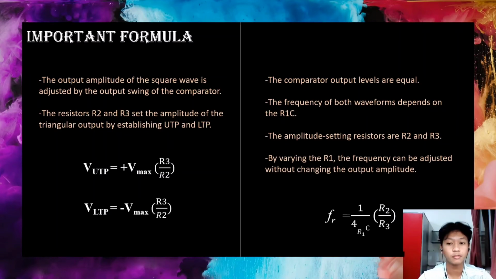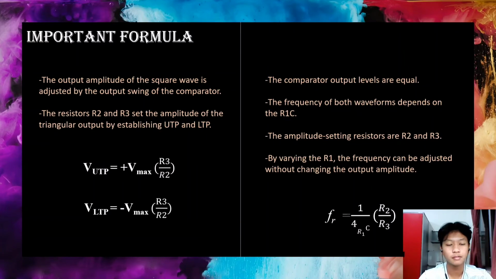For the important formulas, the output amplitude of the square wave is adjusted by the output swing of the comparator, and the resistors R2 and R3 set the amplitude of the triangular output by establishing the upper trigger point, UTP, and the lower trigger point, LTP.